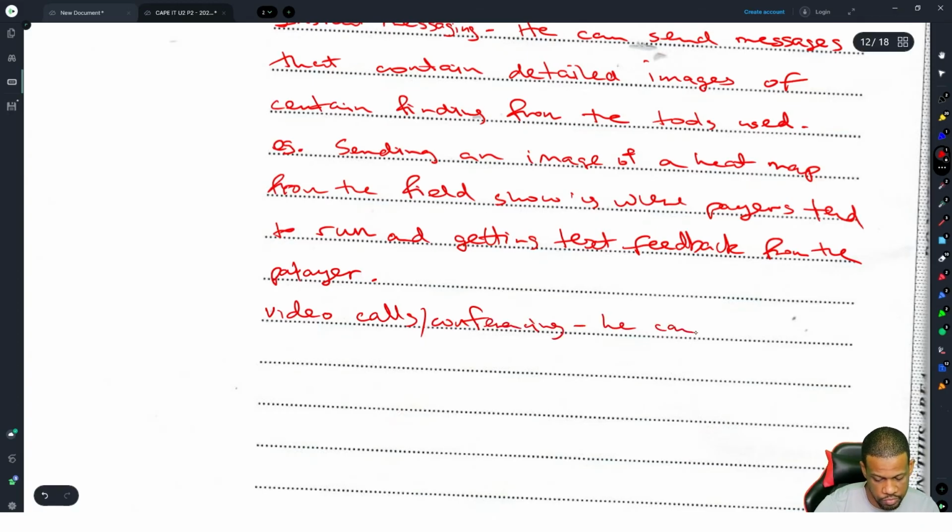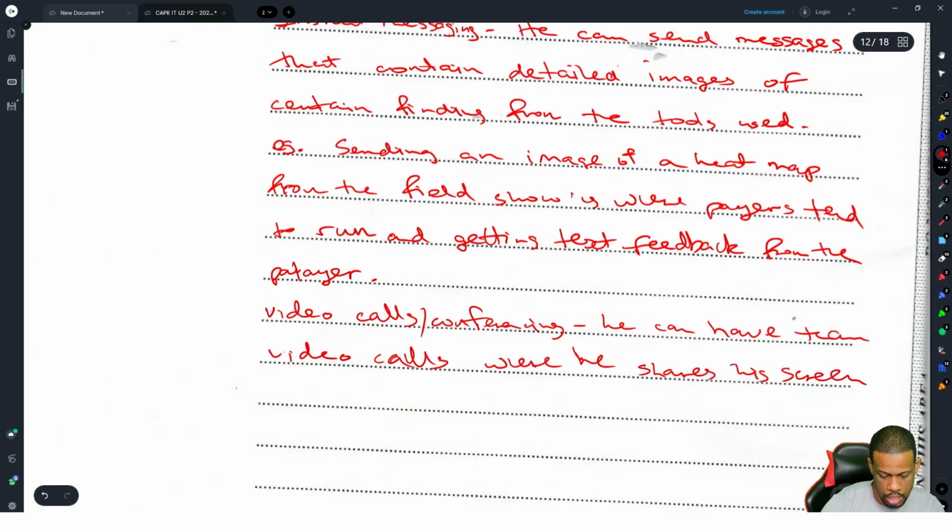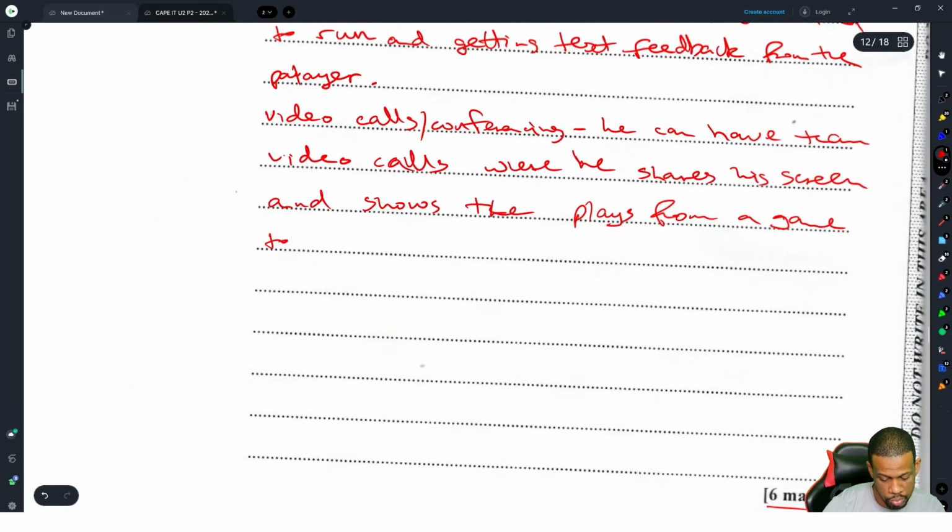He can have team video calls where he shares his screen and shows the results, the plays from a game to the players, and they discuss it virtually.